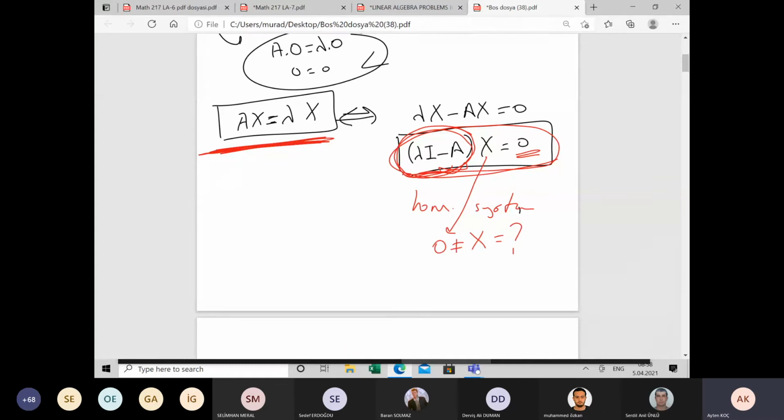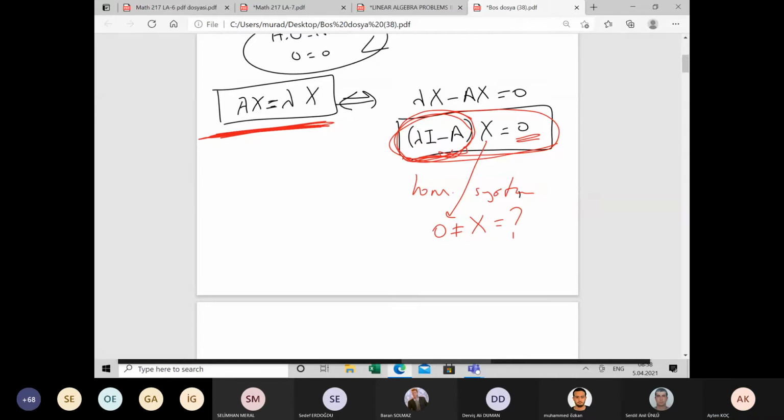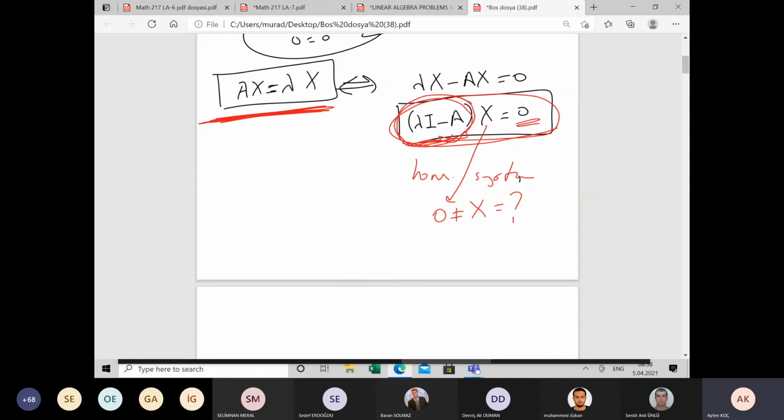So, our question: we know how to solve any homogeneous system. How to solve? Write the augmented matrix. Also here we know that A is a square matrix. Identity is a square matrix. So lambda I minus A is a square matrix.